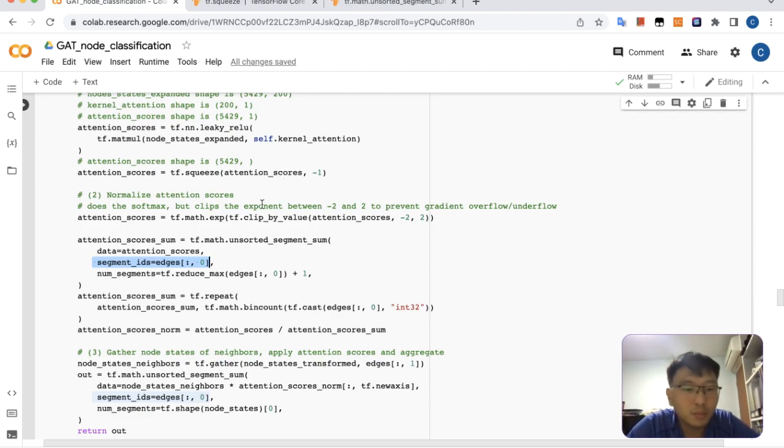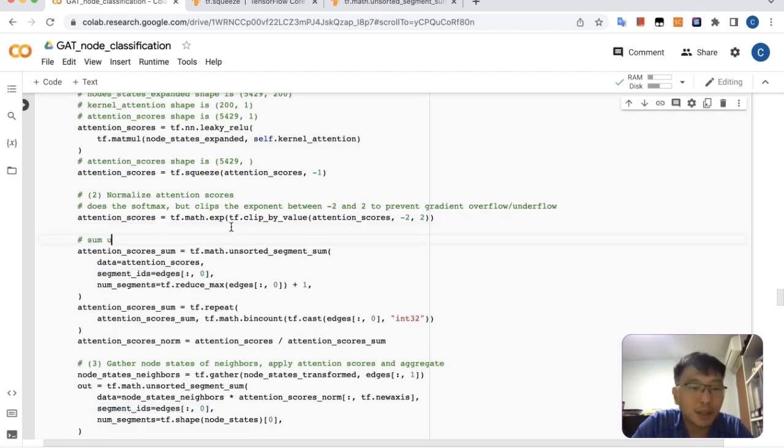Okay, so they are basically checking the neighbors, summing up the attention of the original, of only the. So I guess the segment IDs, we just basically pick only the first one.